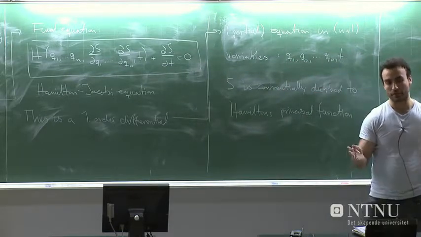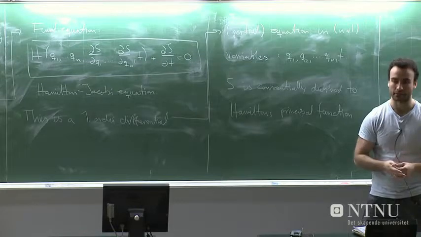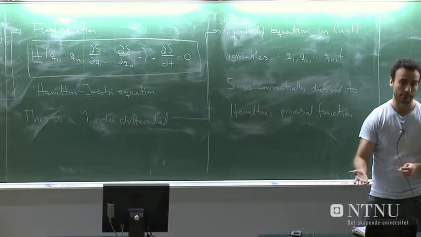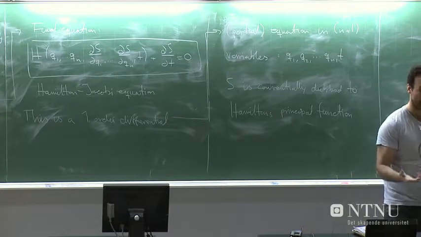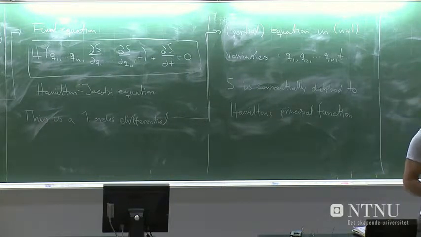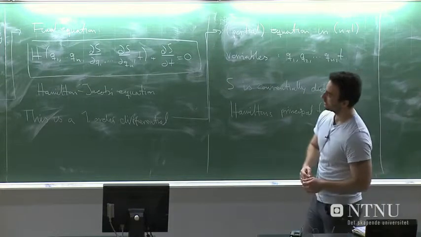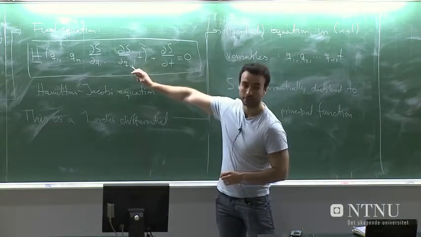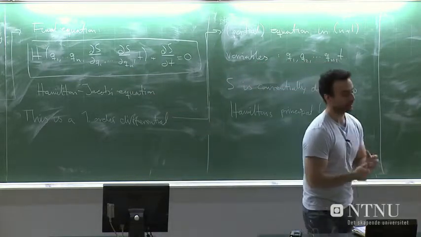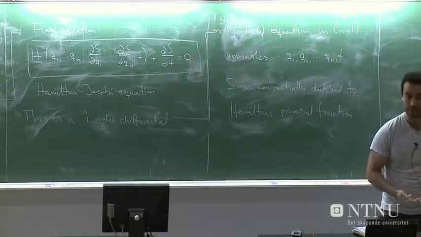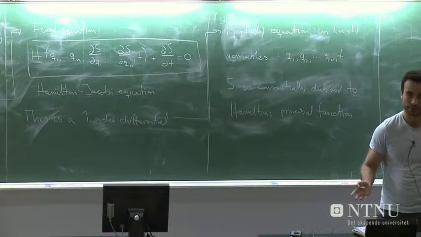Say you have a mechanical system and someone asks you to solve it. What is it they ask? What are they in reality asking you to find? It's the time dependence of the coordinates, right? If we know how the q's and the p's behave with time, then we know everything about the system.